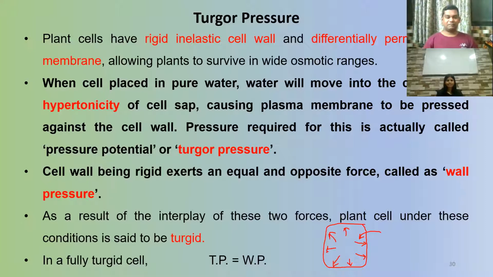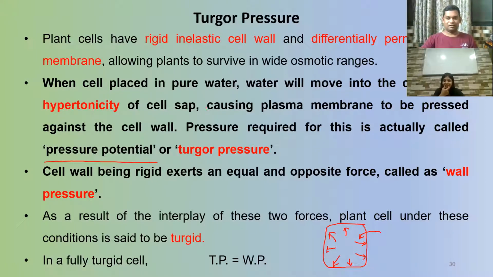That pressure, which is applied by the contents of the cell onto the walls of the cell, is called turgor pressure. And turgor pressure is also called pressure potential. So TP is the same as PP.